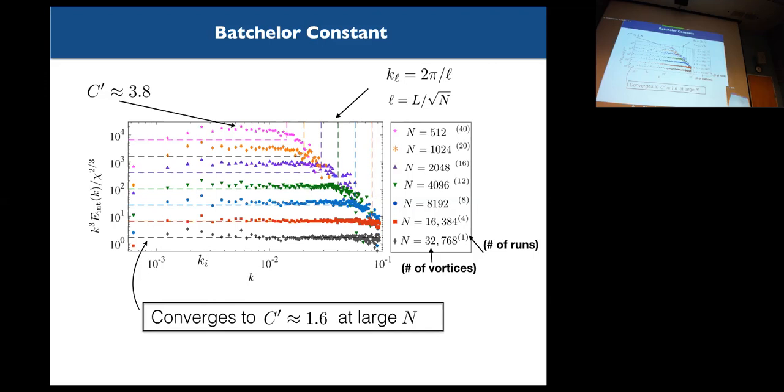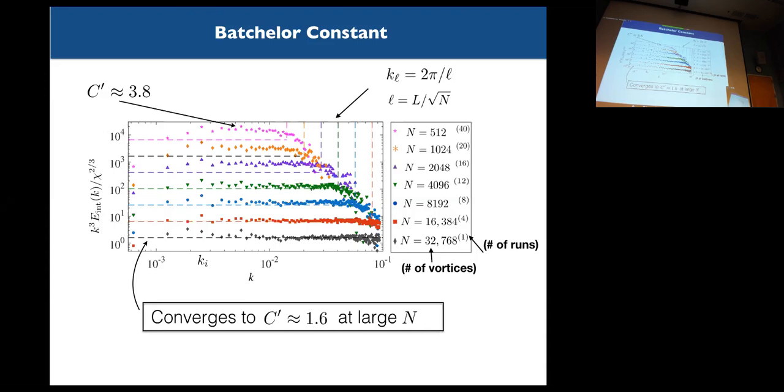You can see that where we have rather small vortex numbers, we still have some range of flatness, but the constant is actually quite large. That suggests that when you don't have many common vortices, you're getting inefficient transport through scale space.